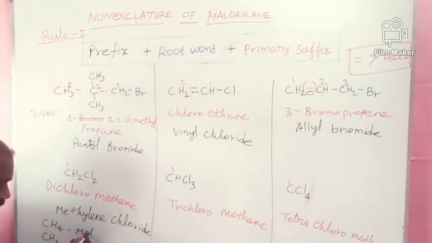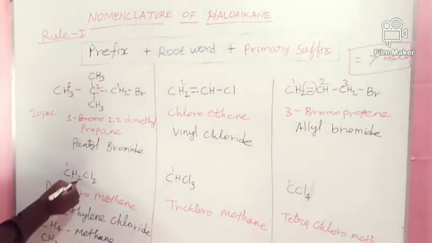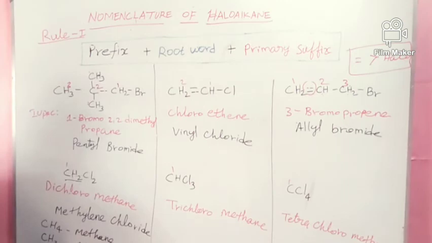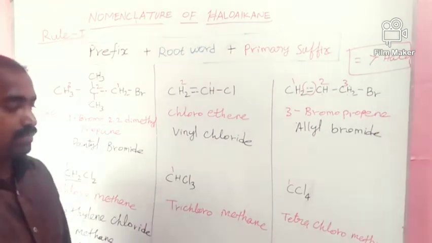CH4 means methane, CH3 means methyl, an alkyl group, CH2 means methylene. So this is the CH2. So CH2 means what? Methylene chloride. Here the common name is chloroform.